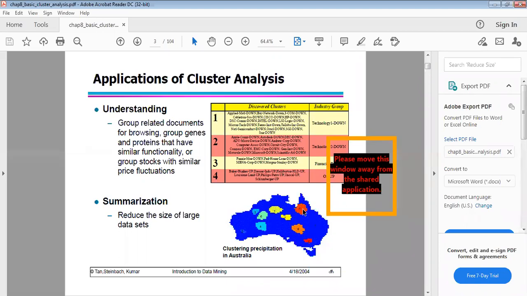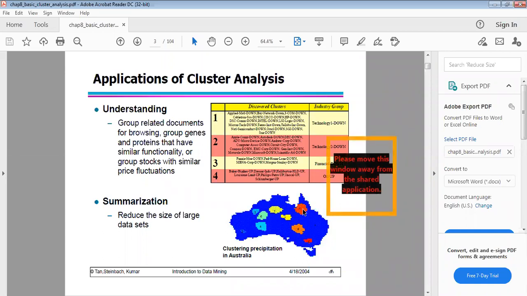Now you want to reduce the size of large data sets. No need to check all the data points every time. Once you summarize, automatically these are the items frequently purchased by the customer. That is the way you summarize.